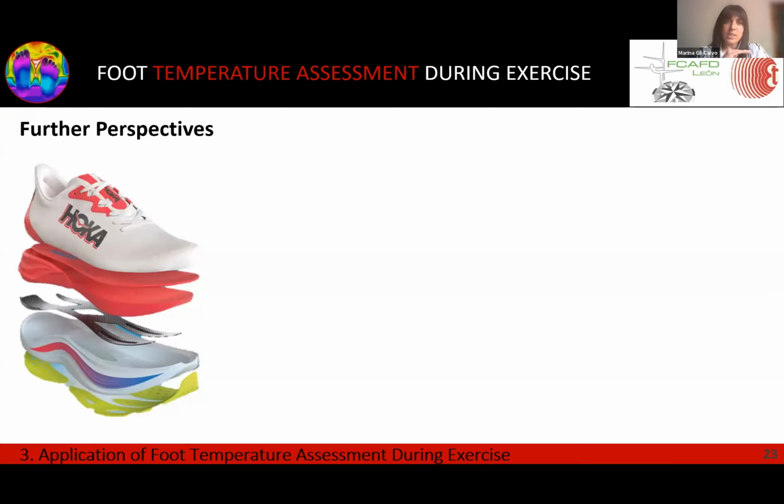The presence of this rigid element in the shoes, together with the instability reported with this type of footwear, and the increased demands on the metatarsophalangeal joint, could influence foot temperature.